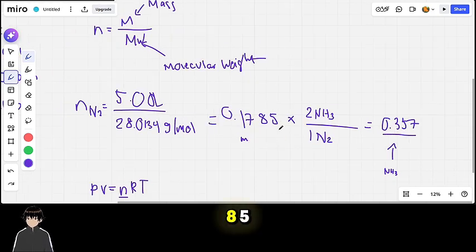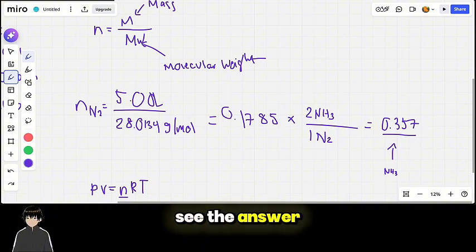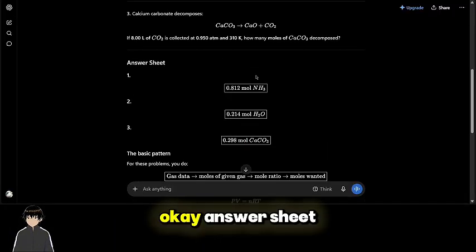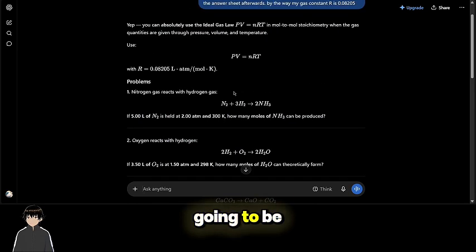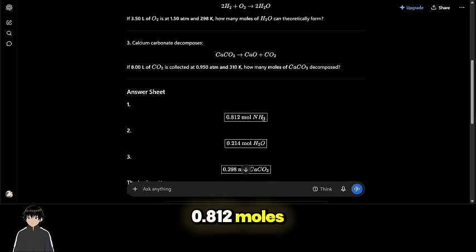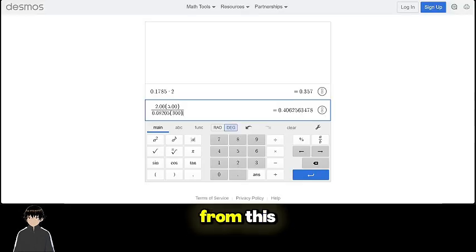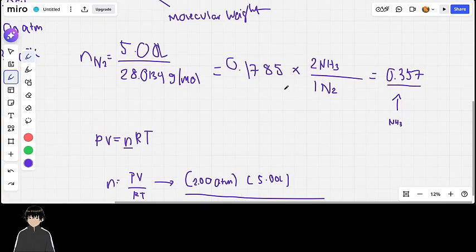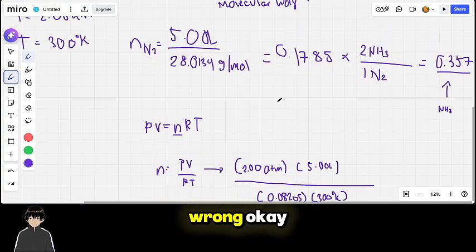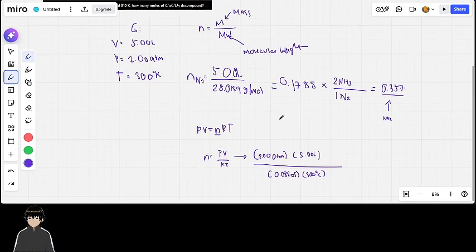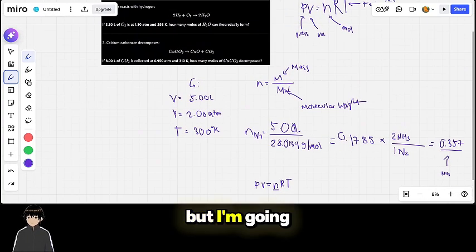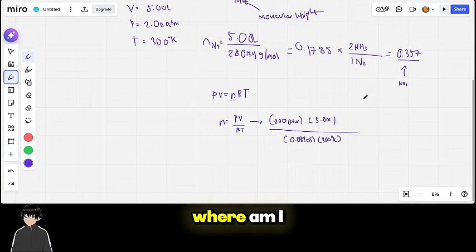We just see the answer. The answer sheet says 0.812 moles, which is far from this. So we must have done something wrong. But I'm going to see where I went wrong here.